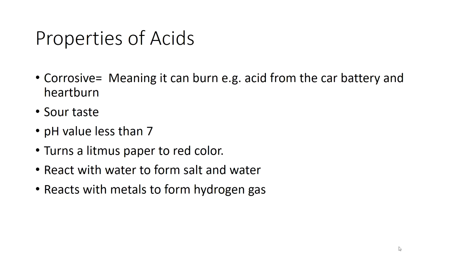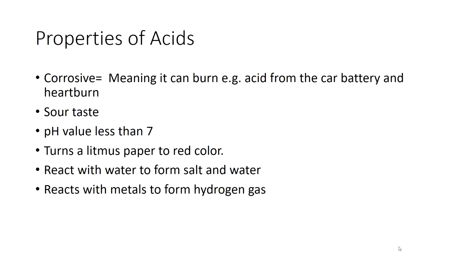And when we look at another type of acid, the gastric juices, as I've explained earlier, inside your stomach. Say you have eaten a certain fruit, and now you have too much acid inside you, then you'll feel that heartburn. So that is why we are saying acids are corrosive.